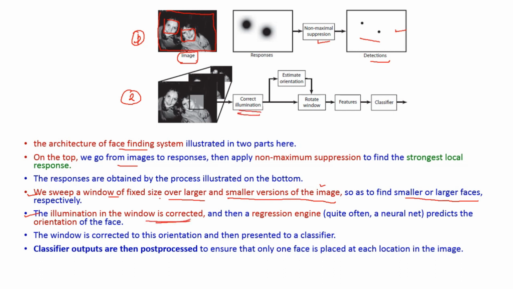And estimate the orientation, rotate the window, and features will be extracted, and then that will be given to the classifier. Here the output of the classifier is post processed to ensure that only one face is placed at each location in the image. So each window should contain exactly the face. So this is the face finding system architecture.